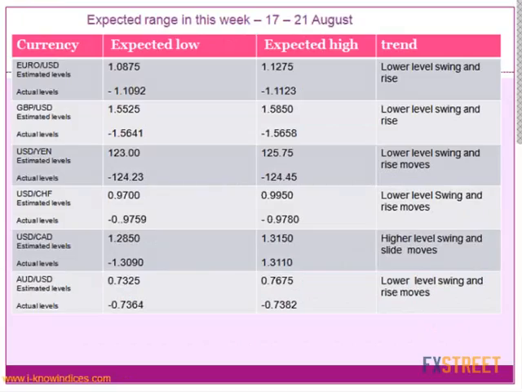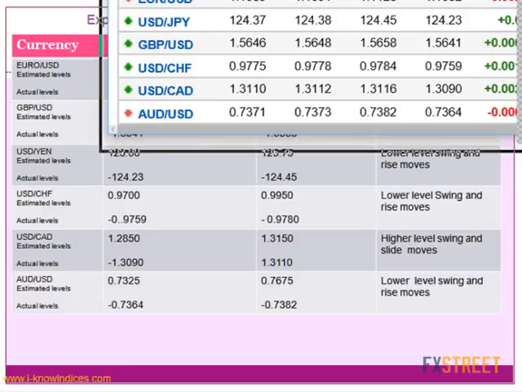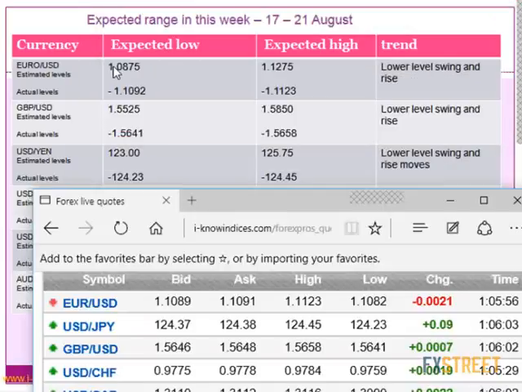Then as far as the levels are concerned, now Euro could come down a little bit from 1.0982 currently, 1.1082. They could come down to 1.0875 and the high could be 1.1275.